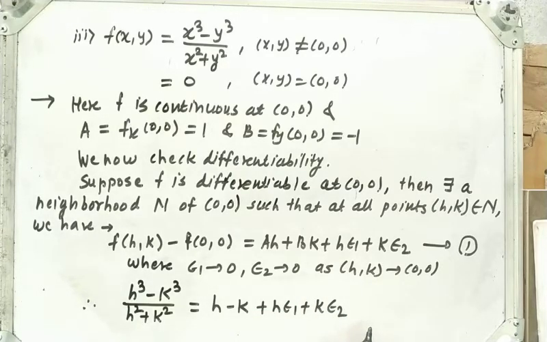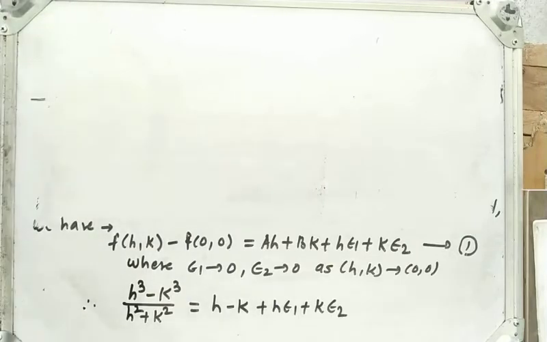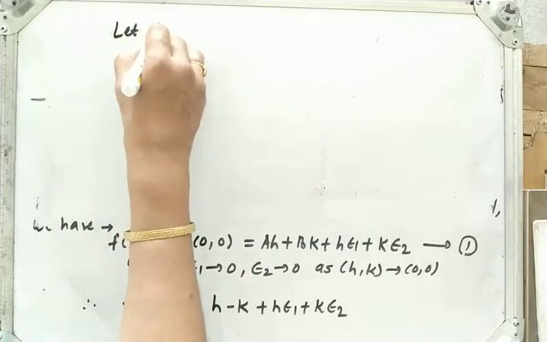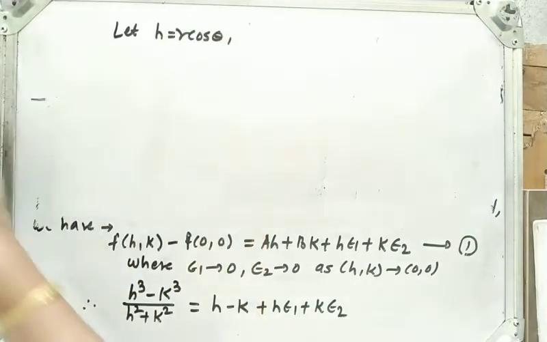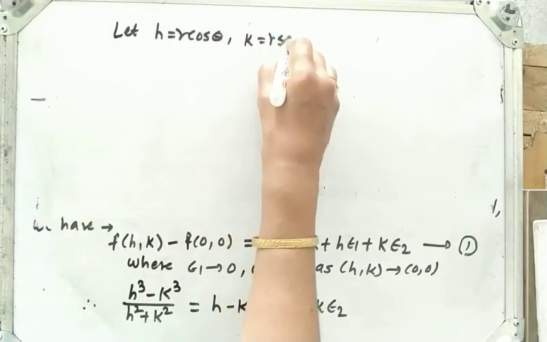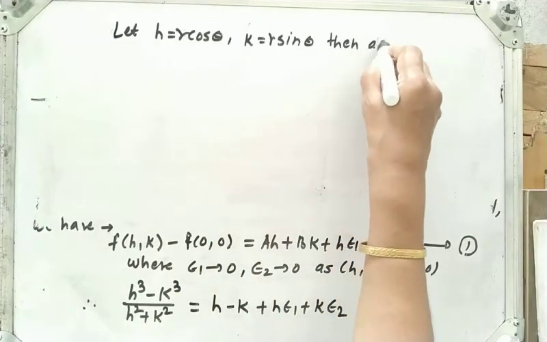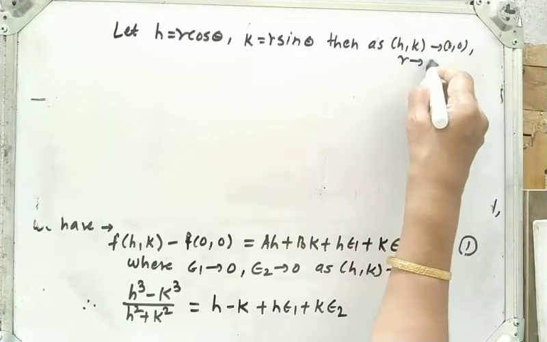Here, let us substitute h is equal to r cos theta and k is equal to r sin theta. That is, let us solve it by polar coordinates. So, let h is equal to r cos theta, k is equal to r sin theta. Then, as h, k tends to 0, 0, what happened? r tends to 0.